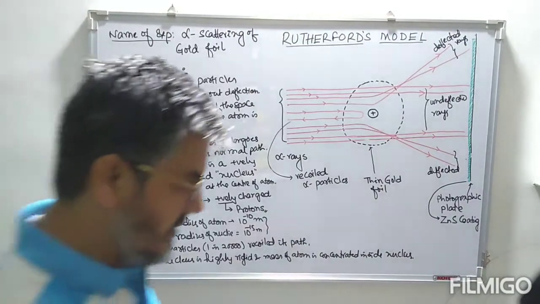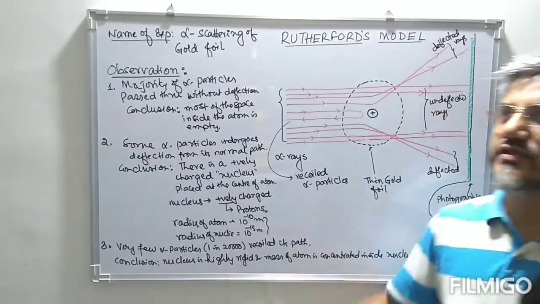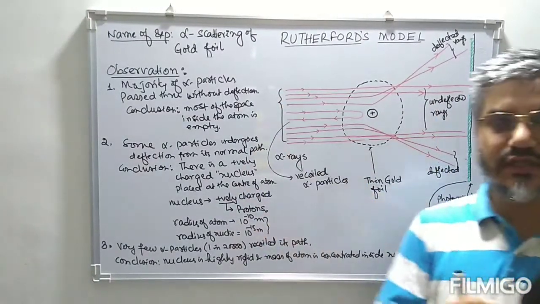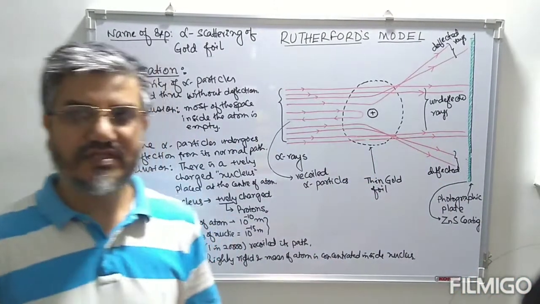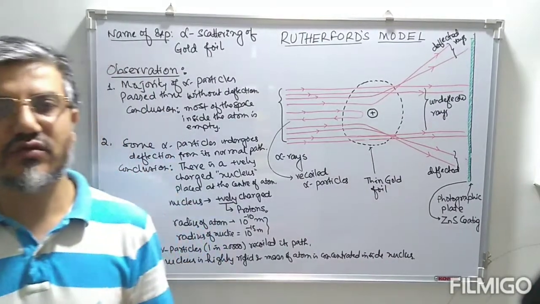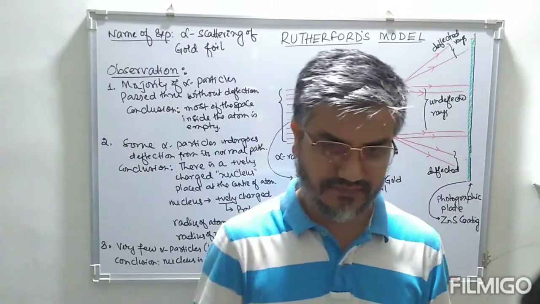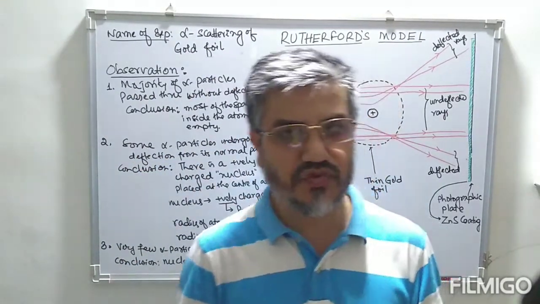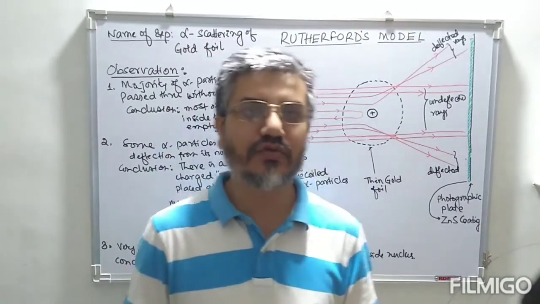In Rutherford's model of the atom, after these observations and conclusions, he developed a model in which every atom consists of a centrally placed nucleus, and this nucleus is positively charged due to the presence of protons.